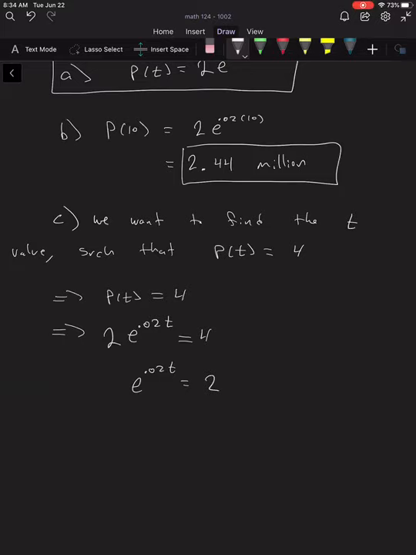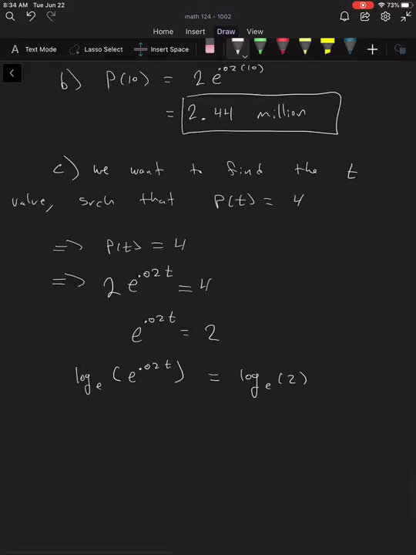Now, we have an exponential equation and our base is e, so we need to take the log base e of both sides. This is just like the problems that we did in section 5.5. On the left-hand side, the power goes into the front, 0.02 t.